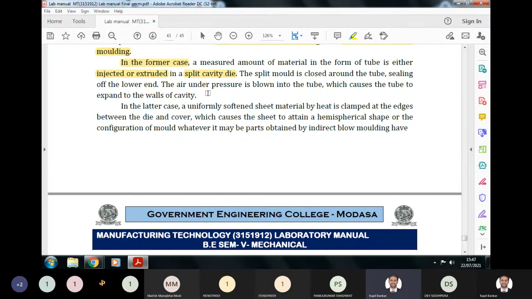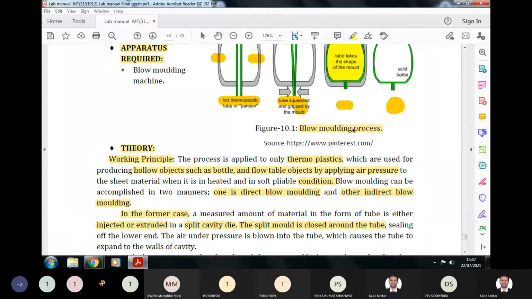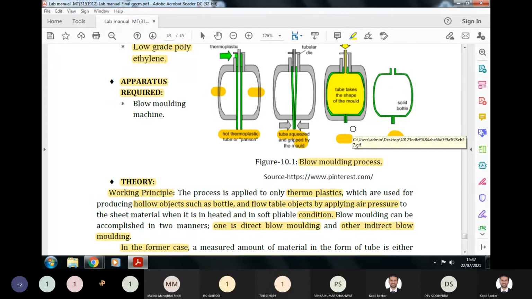Now the split mold is closed around the tube. Which tube? See in this figure. Here this is the tube. A hollow tube is coming from the top side.